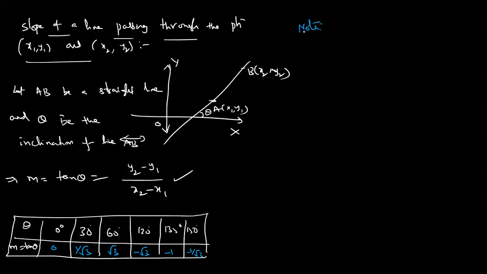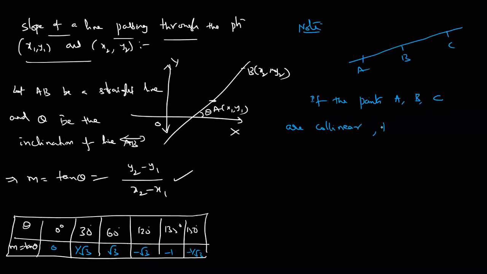Now, dear students, suppose A, B, C are points. What is the meaning if the points A, B, C are collinear? Then the slope of AB is equal to the slope of BC.